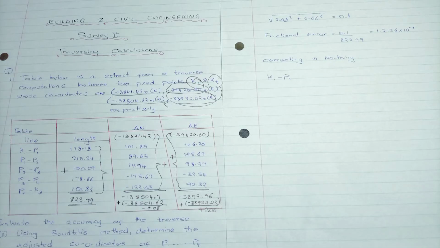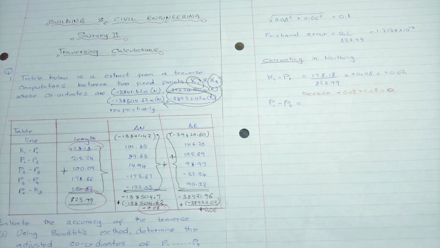So we start by correcting the line K1 to P1. So we find the length, which is 178.8, then over the total value, which is 823.99, then times the error correction, which is a positive of the value that we had gotten, because we had negative 0.08.